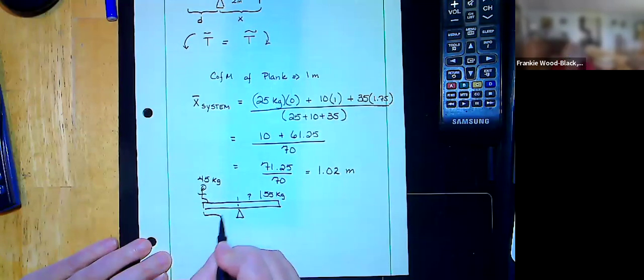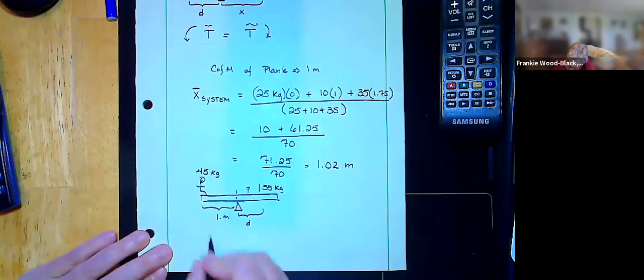Well, if this is 1 meter, we want to figure out this distance D. So this side is 45 times 1.